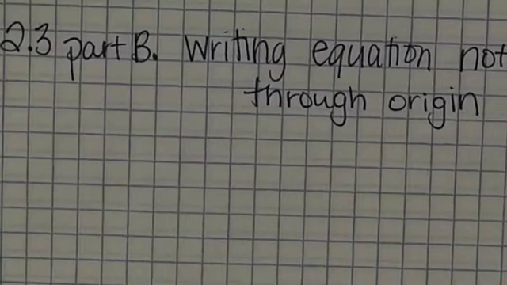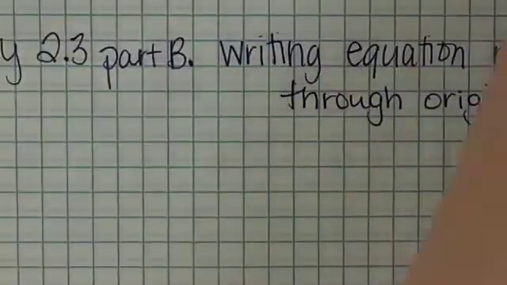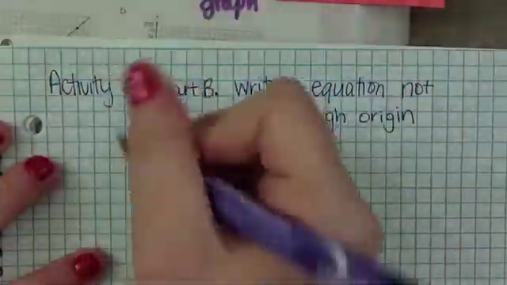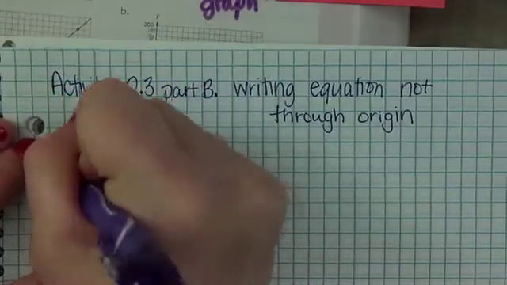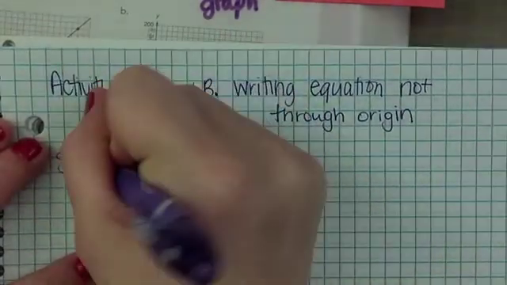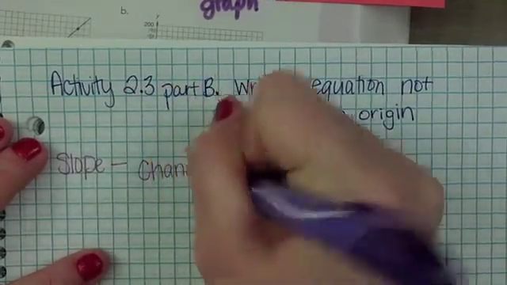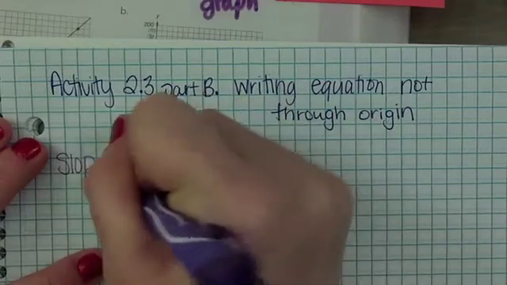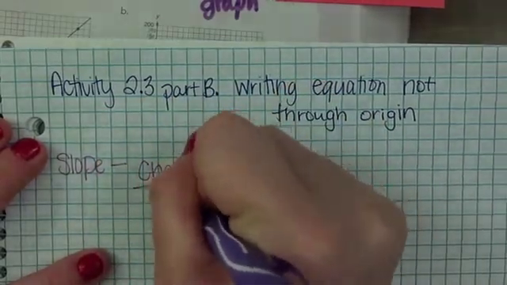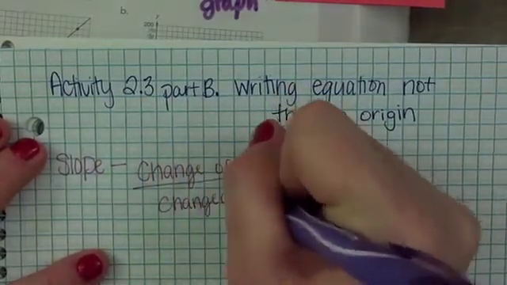So to find the slope, let me zoom out again. So to find slope, you will hear, or we've been saying, change of y over change of x.